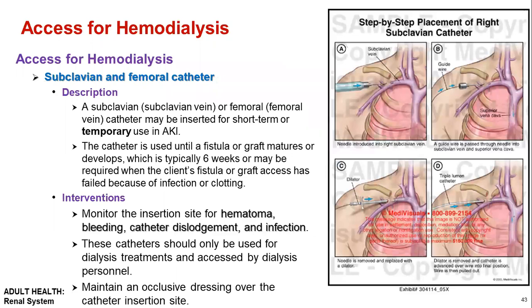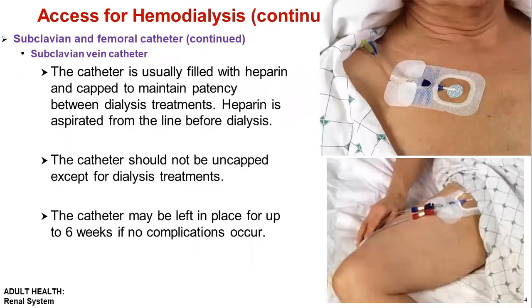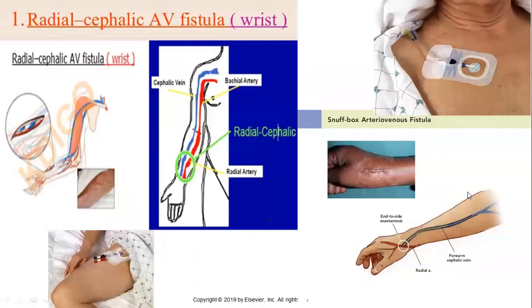In this picture, you can see the access for hemodialysis. So we can do the hemodialysis in the subclavian artery or femoral arteries, or we can do it in the radial arteries, right?